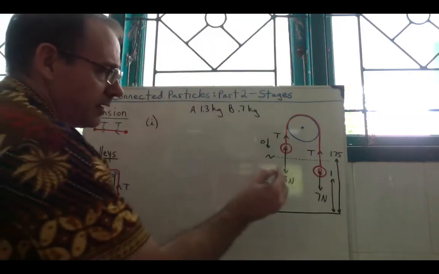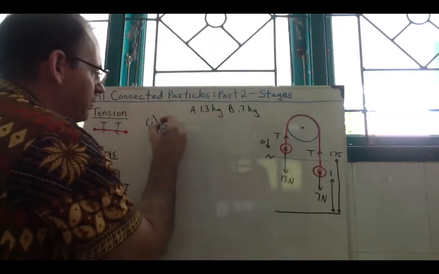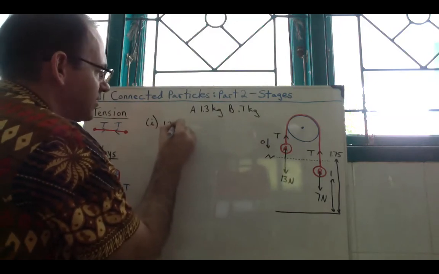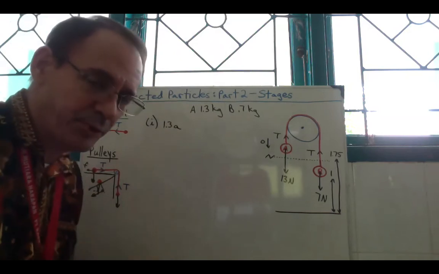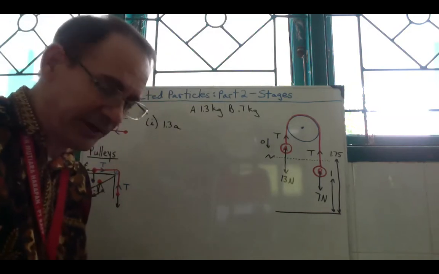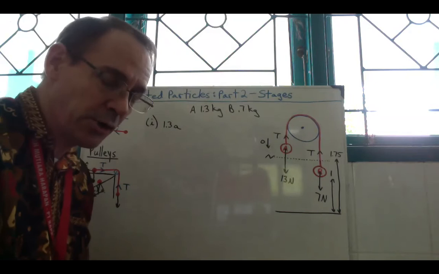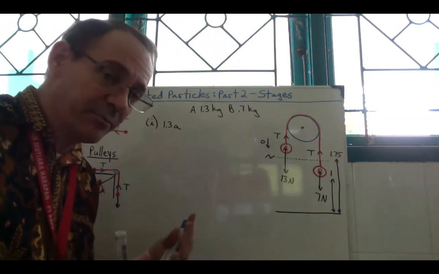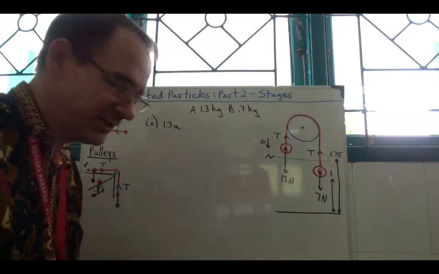So here we have mass 1.3 times acceleration. We cannot put in the 3 for acceleration because we have to show that a equals 3. Basically, we have to find the answer, but they've already given it to us.